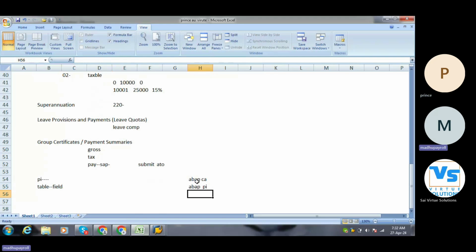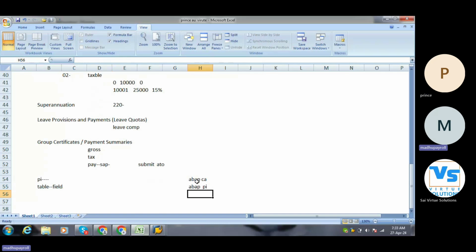ABAP consultants will develop whatever the table, whatever the program within SAP. ABAP CA, cross application, is sending the data from SAP to non-SAP, non-SAP to SAP. ABAP PI is whenever you maintain the data in SAP, in the third-party application the data is going to reflect, or whenever the data is maintained in the third-party application, in SAP so-and-so table it is going to be maintained.